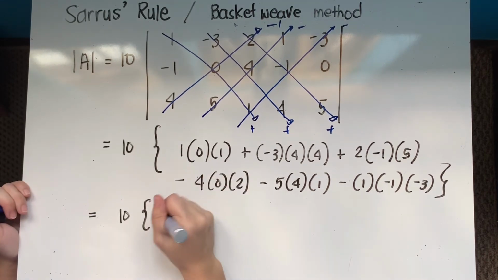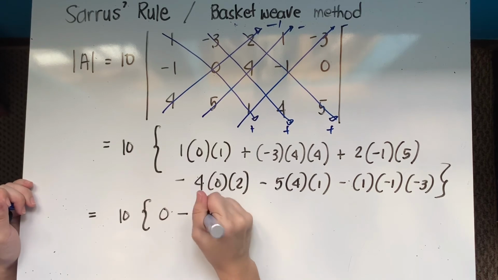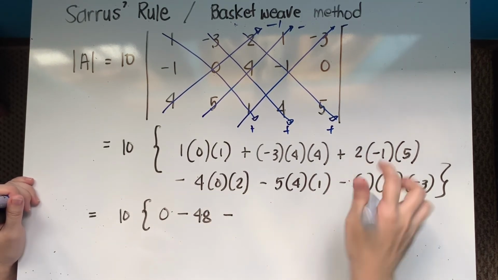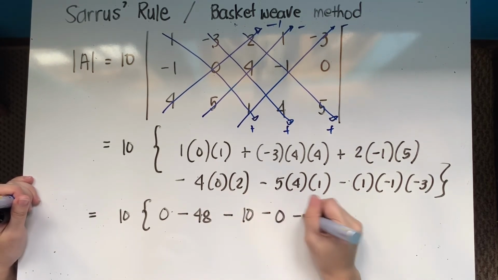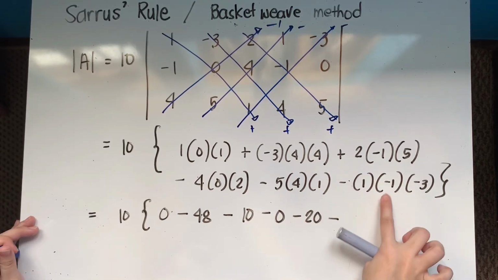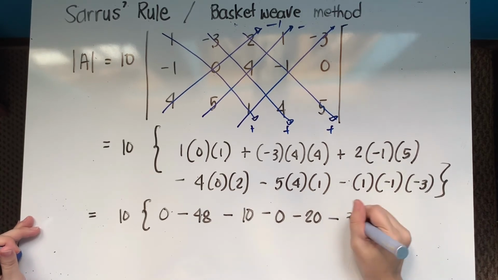That would be 0 plus 16 times negative 3, that's negative 48. And then, this is 10. This one would be minus 0. This is negative 20. Wow, 20. Minus negative 1 times negative 3, positive 3. So, minus positive 3. Yan.